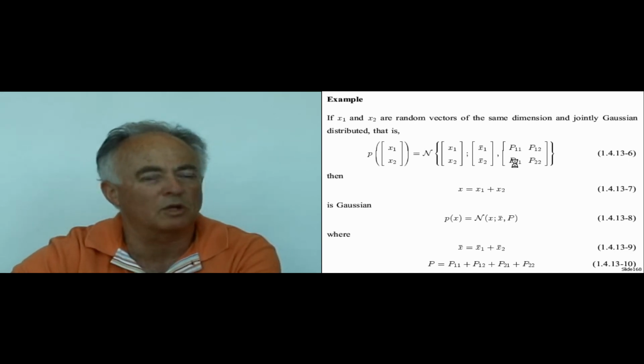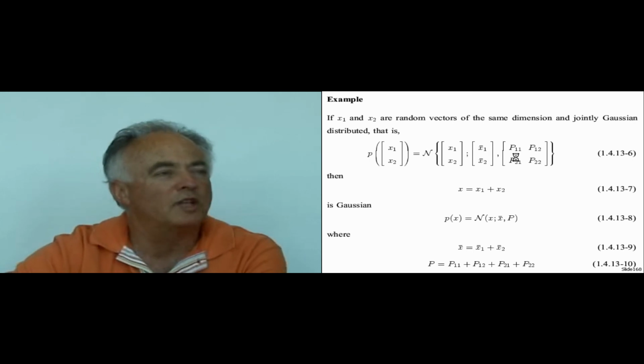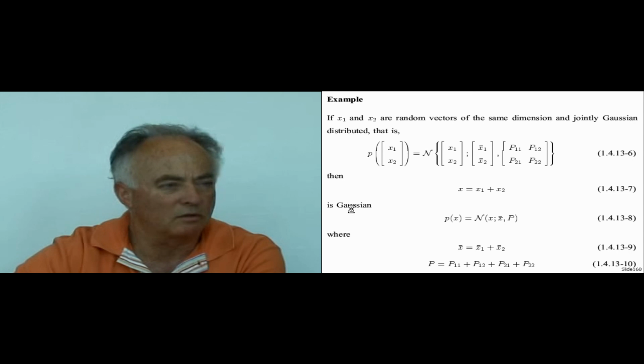Remember, when we talk about vectors and matrices, the order of multiplication matters, and you can switch. x1 times x2 transpose is the transpose of x2 times x1 transpose. So this is the reason that P12 and P21, these two matrices, are one the transpose of the other. Now, we'll take x as the sum of these two vectors, x1 and x2. And the first result, this is Gaussian.